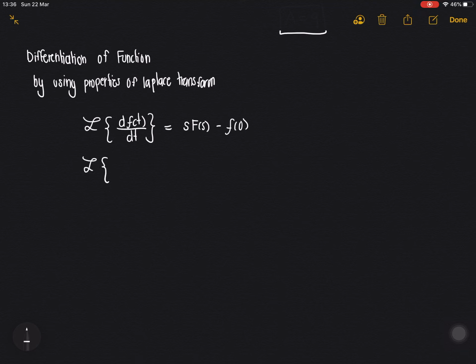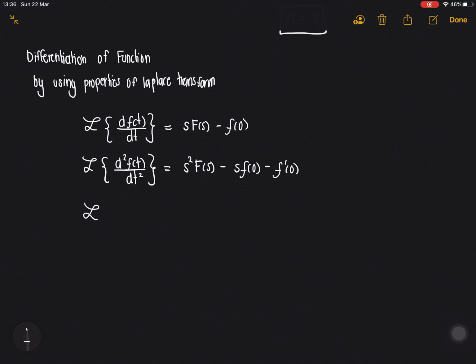Or if you want to find the Laplace transform of the second order, d squared f(t)/dt squared, that will be s squared F(s) minus s to the power of 1 multiplied with f(0) and then minus f prime (0).